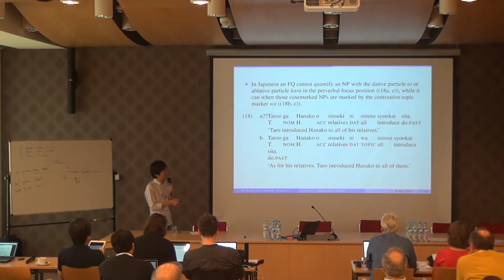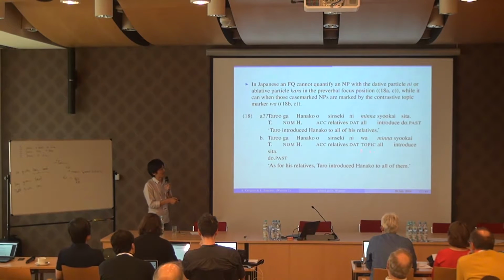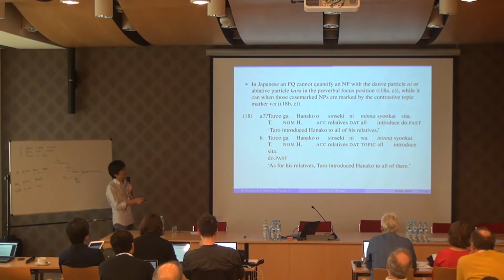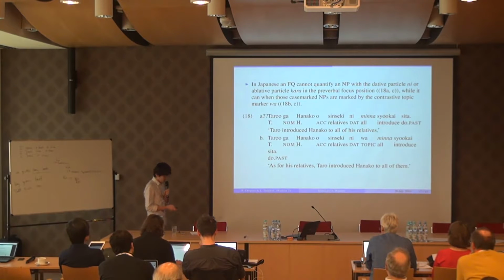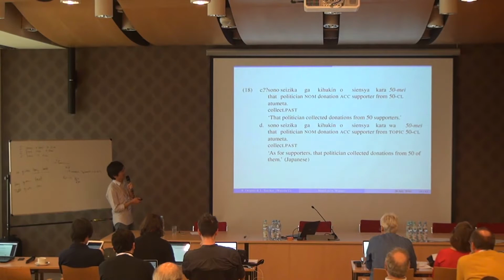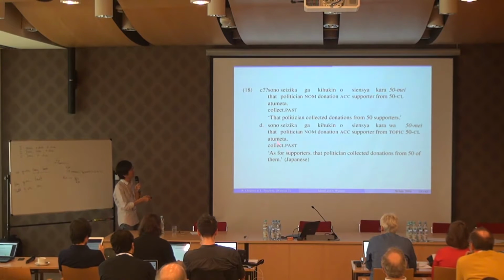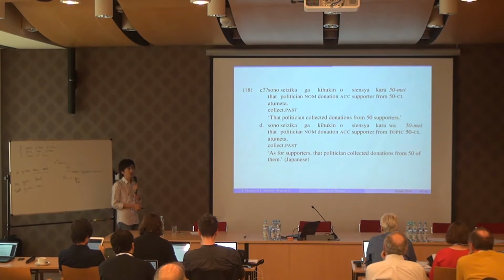Because this can be interpreted as a topic, we have a nice topic, focus, background structure here. That's why we get the floating quantifier, as a focus, between the noun phrase and the following background verb phrase. The same holds for the other particle, the ablative particle. So 18c is out because this must be a focus, but 18d is okay because the topic marker makes this noun phrase a topic.